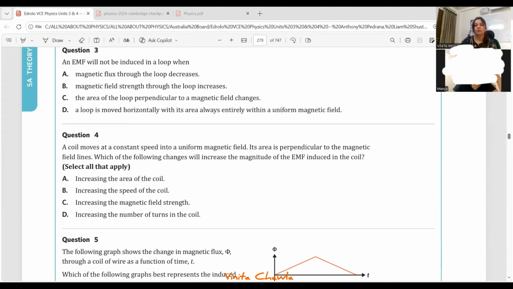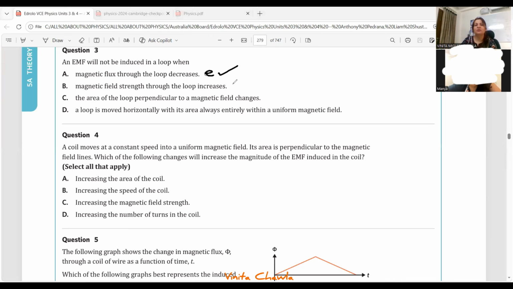We have two questions here. An EMF will not be induced in a loop when... See, if you are decreasing the magnetic flux, there is EMF, right? EMF will be induced in the circuit if you are changing the magnetic flux basically.